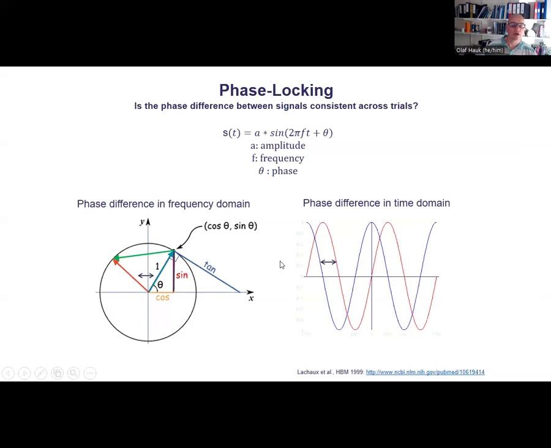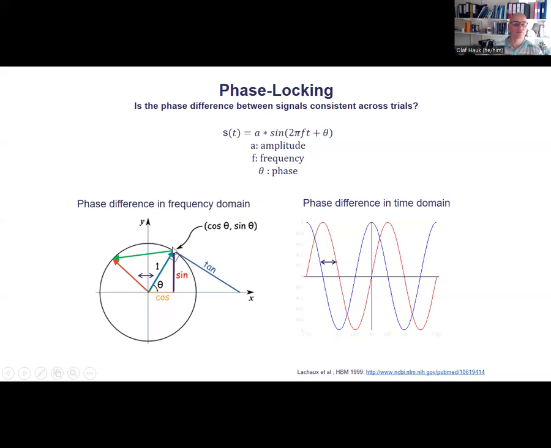And then we can look at our old friend, the polar representation of signals. That represents two signals here in the frequency domain. Remember, you can express periodic signals as this pointer going around the unit circle.